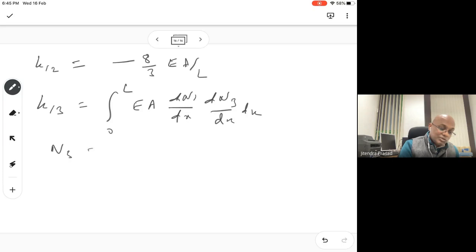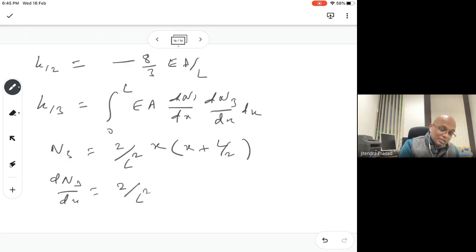N3 is equal to 2 over L square, and then we have x plus L over 2. So dN3 over dx equals 2 over L square times 2x plus L over 2.